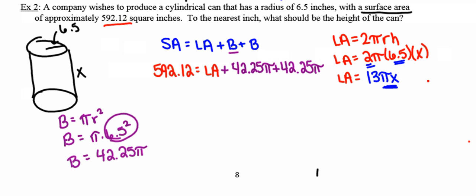And now I'm going to clean up my equation a little bit. So when I combine those two, the 42.25 plus the 42.25, I end up with 84.5 pi.